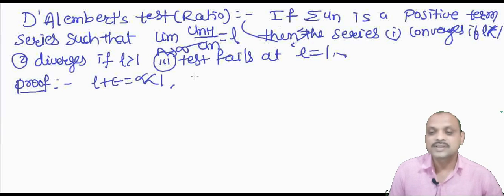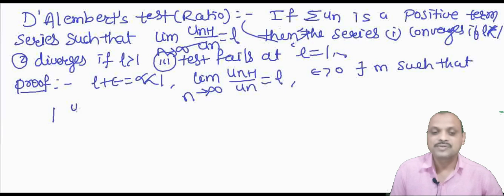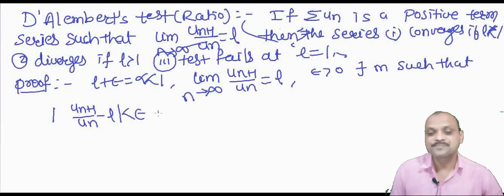Since limit of u_(n+1) divided by u_n is equal to L as n tends to infinity, by the limit definition, for epsilon greater than 0 there exists a positive integer m such that mod of u_(n+1) divided by u_n minus L is less than epsilon, for all n greater than or equal to m.